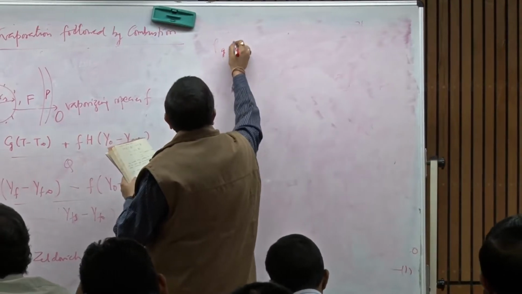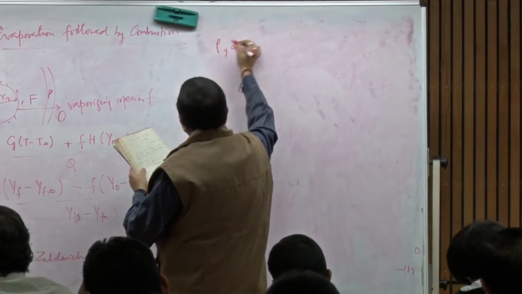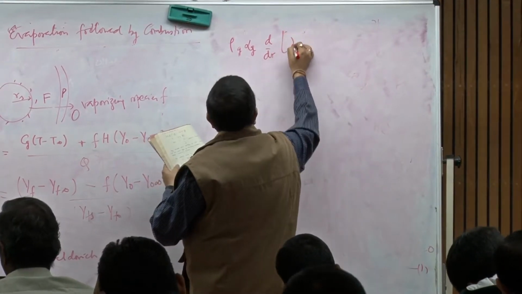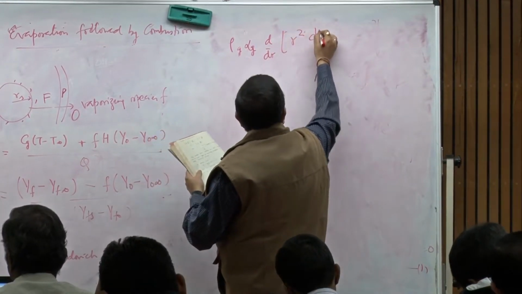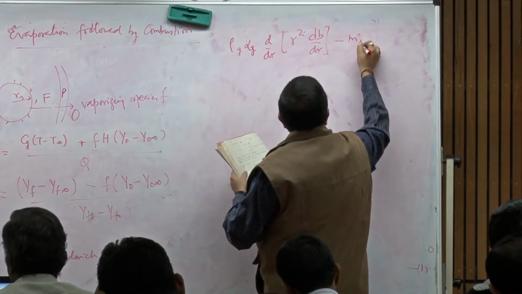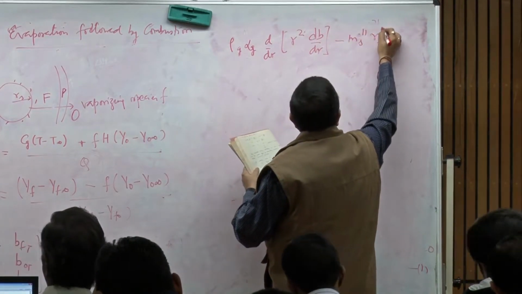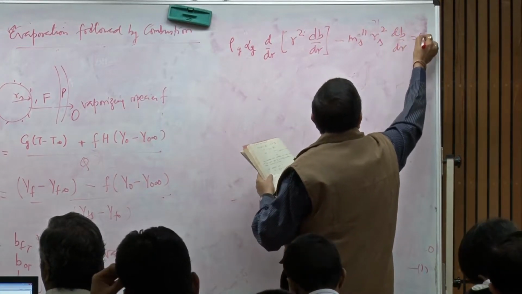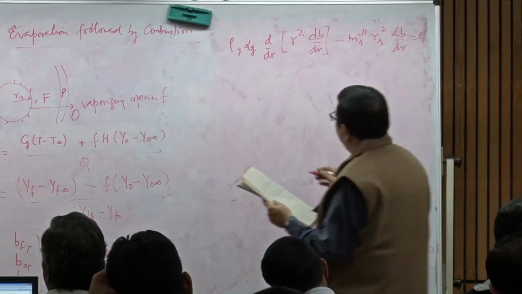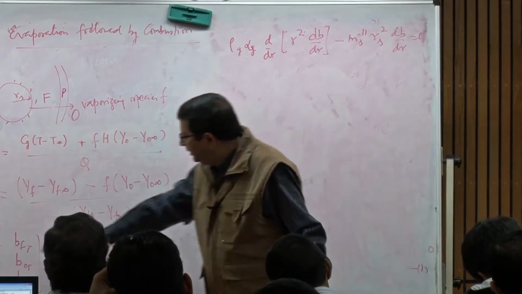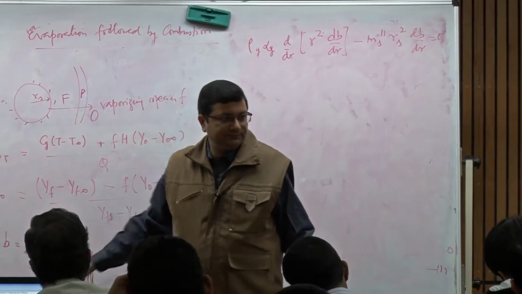So, in terms of that variable, this will be, okay, where this B here is any one of the three.